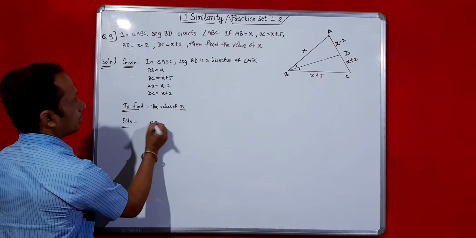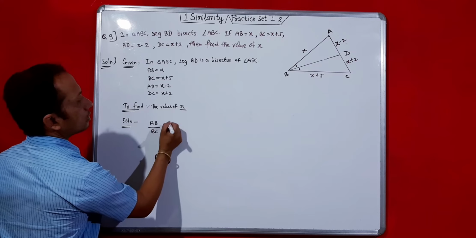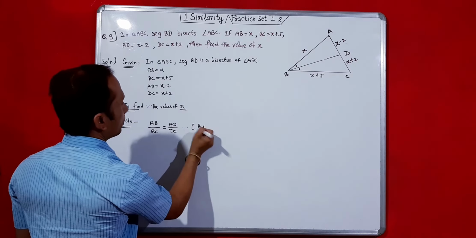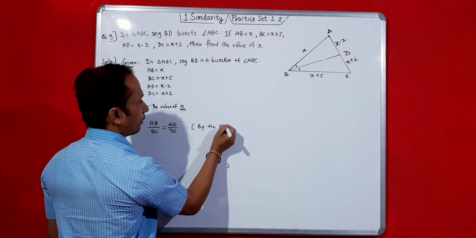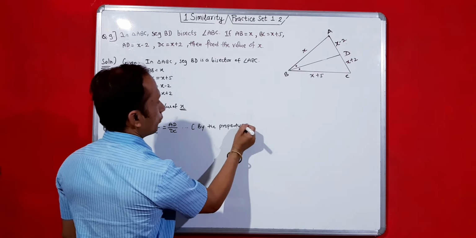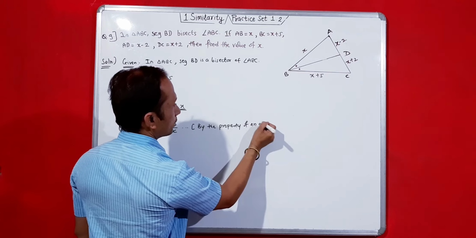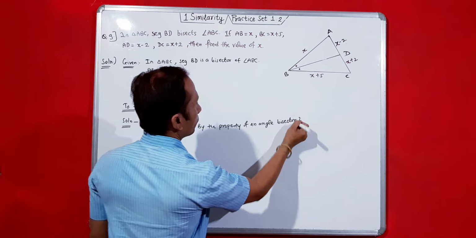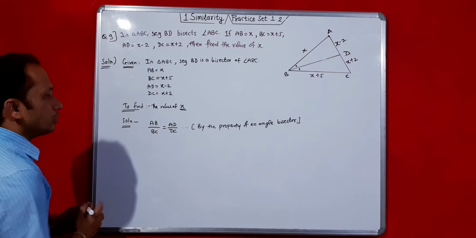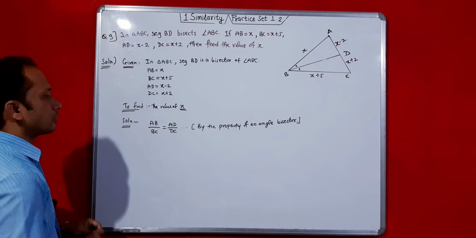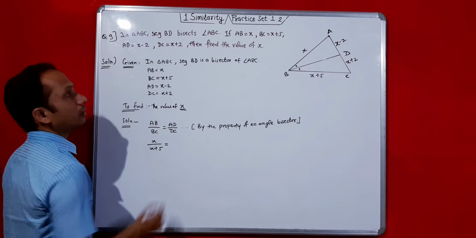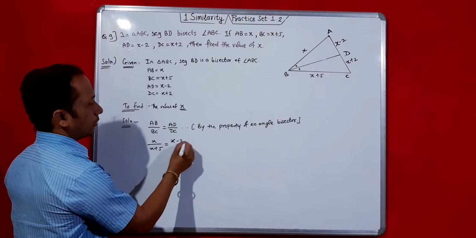AB upon BC is equal to AD upon DC, by the property of an angle bisector. So use it and put the values. x upon x plus 5 is equal to x minus 2 upon x plus 2.